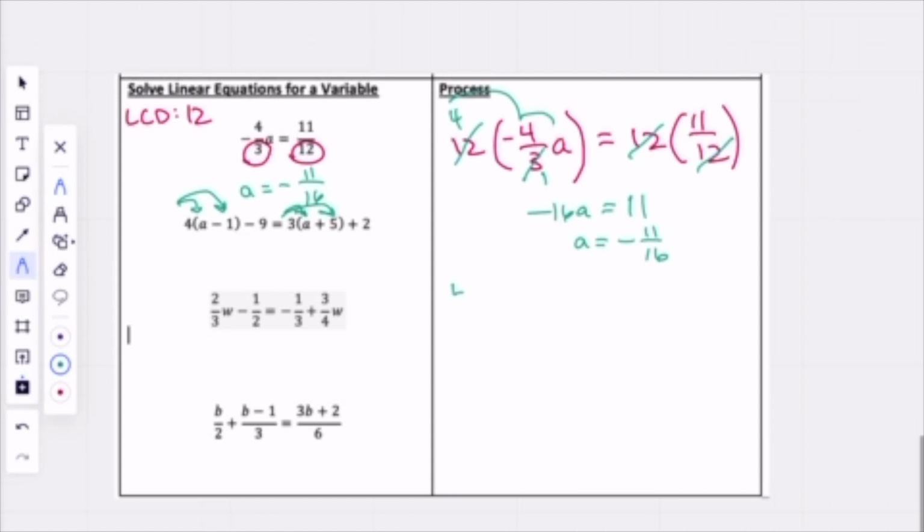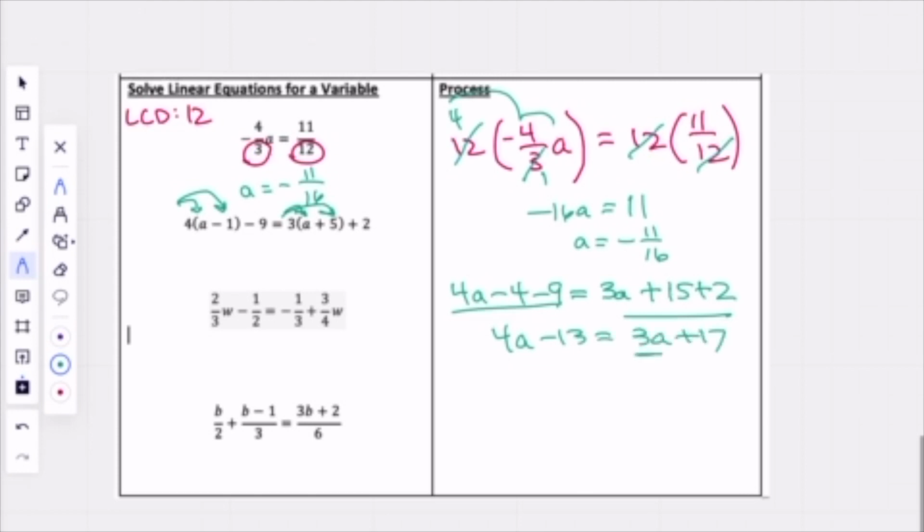Okay, so we'll end up with 4a minus 4 minus 9 is equal to 3a plus 15 plus 2. All right, so if I just combine some like terms on either side, I've got 4a minus 13 is equal to 3a plus 17.